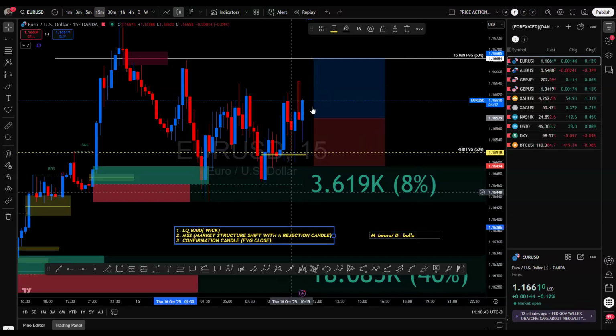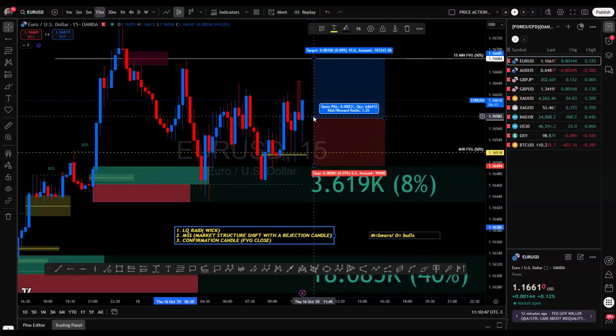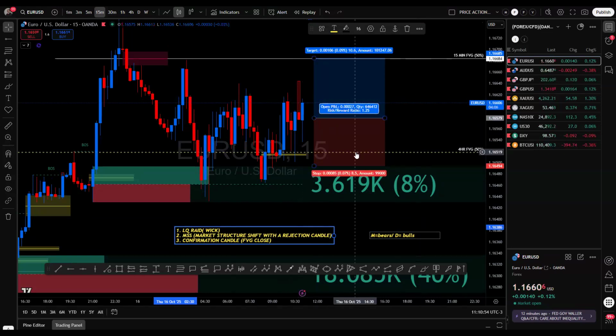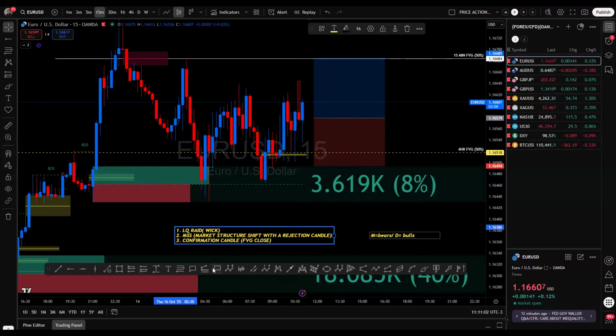It looks like we're seeing more distribution of the bulls. So we'll see how it goes. So we're in for a second trade. And we'll see.